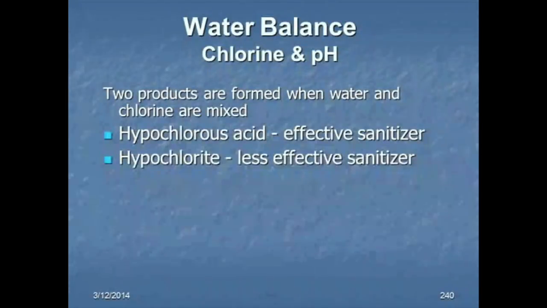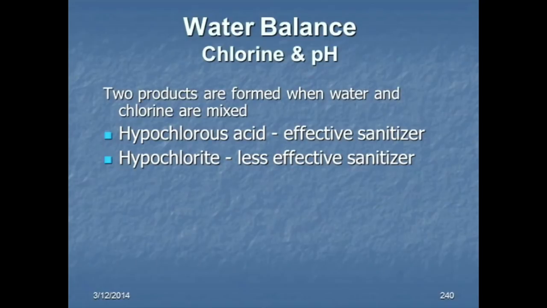Now, the reason why pH has such an influence on our pool water is how the water reacts with the chlorine in relation to the pH of the pool water. Bromine is very similar in nature too, but what happens is you're going to form one of two products, or a combination of the two. As you dump that chemical into the pool water, it's either going to form the hypochlorous acid form of chlorine, which is an incredibly aggressive form of chlorine.